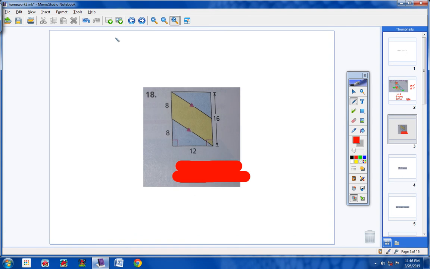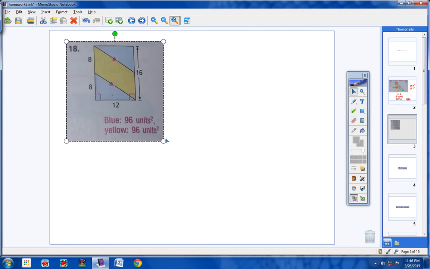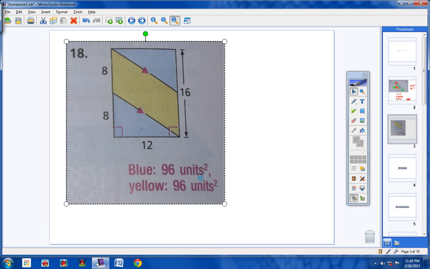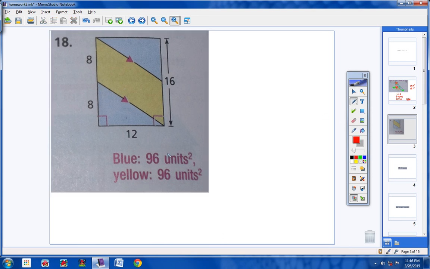For number 18, let's see what we have here, guys. Let's go ahead and just get rid of this and make this bigger. And here we go. I have a yellow parallelogram.